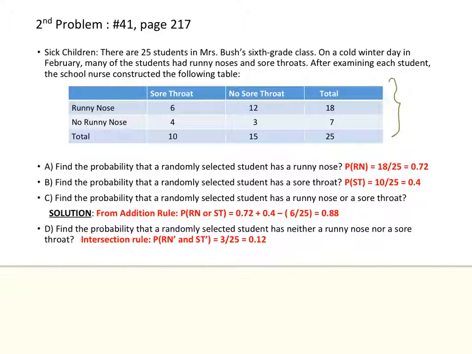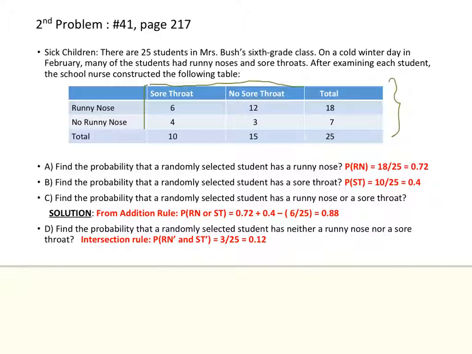On a cold winter day in February, many of the students had runny noses and sore throats. After examining each student, the school nurse constructed the following table. So the table that we see is sore throats, which is one variable, and the other variable is runny nose.